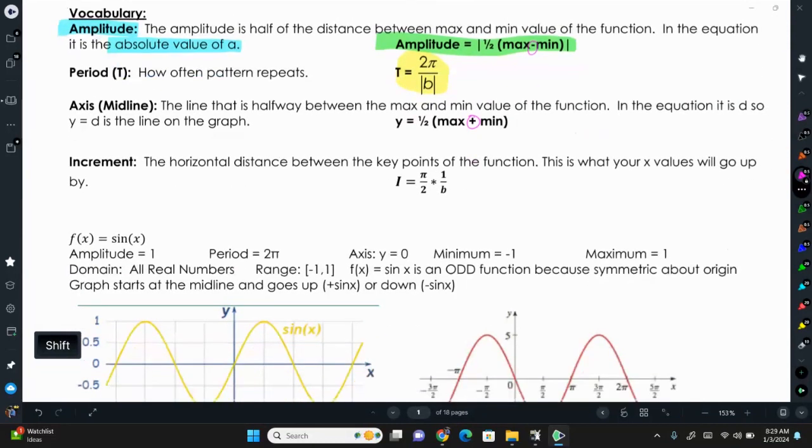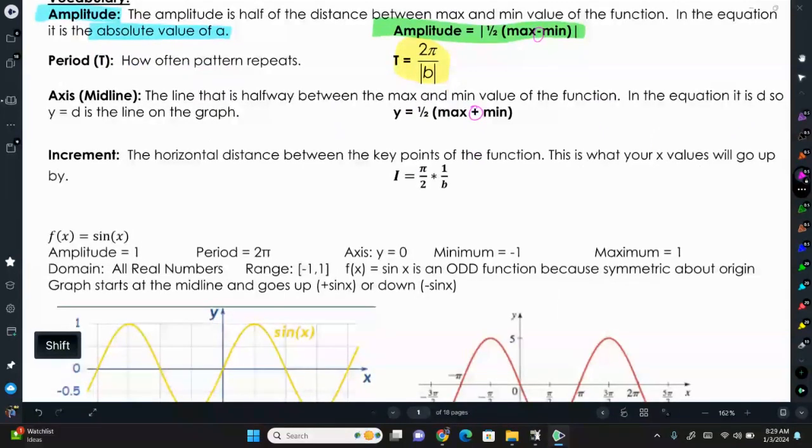And then the increment. The increment is the horizontal distance between the key points of the function. So when you're plotting these on the graph, your increment is how big the tick marks are going to be. So usually we're used to each tick mark being 1 in each direction, but with sine and cosine and any trig graphs, it's usually not a good idea to have each tick mark be 1 unit.